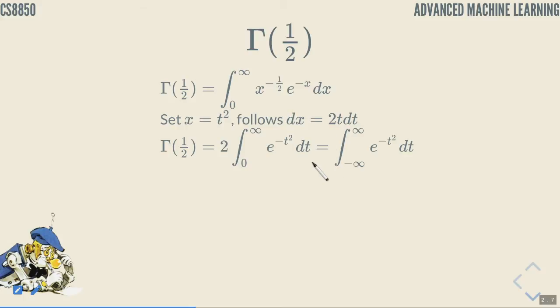X is t squared, so we plugged it in. So basically plug t squared instead of x in both places, and plug 2 times t dt instead of dx into here. This replaces that. T squared replaces this. You get this expression as a result.